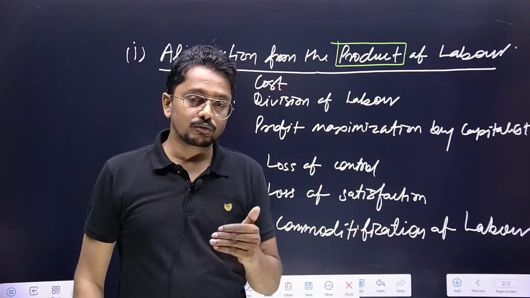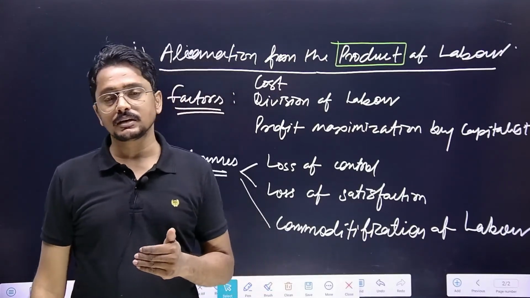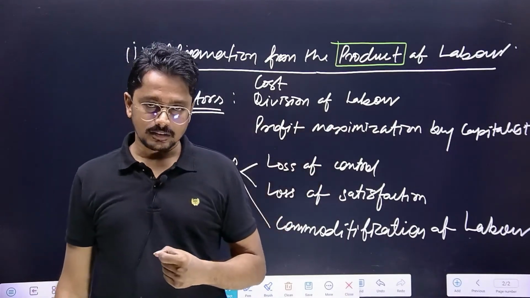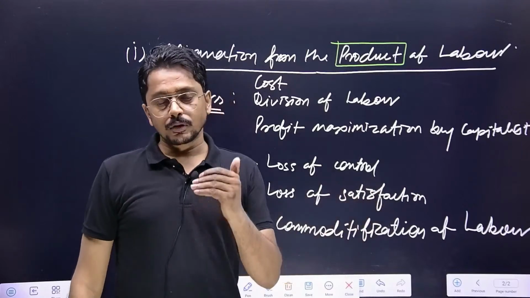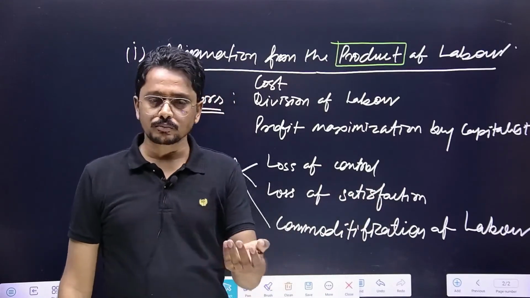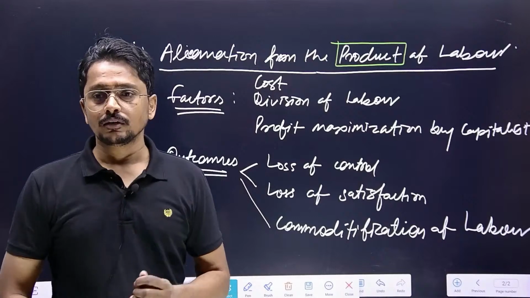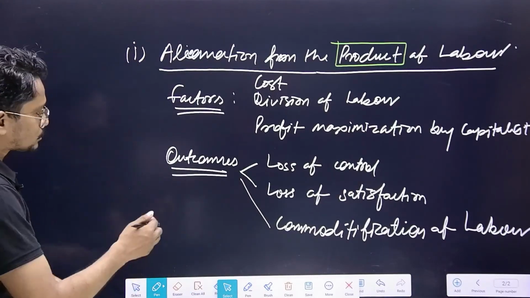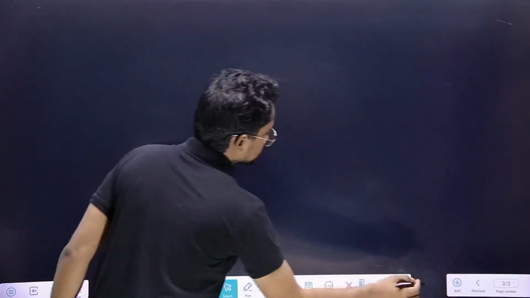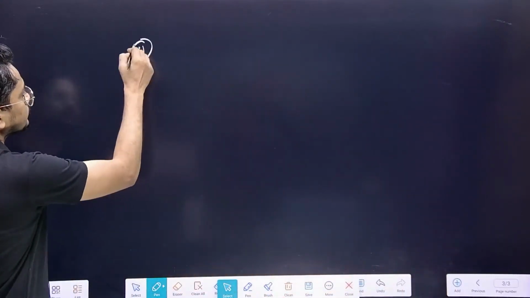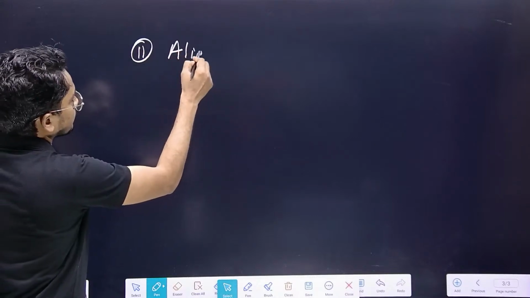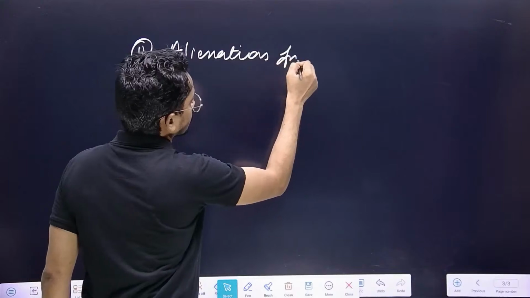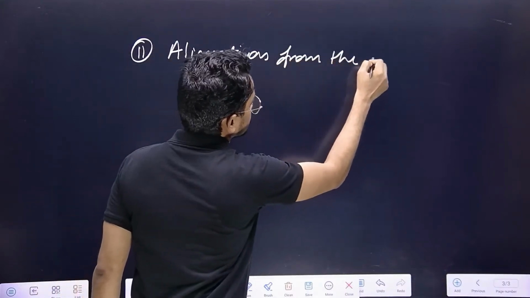But alienation from the process is not completely separate in terms of factors and outcomes, because factors and outcomes are approximately similar in the case of alienation from the process. So second is alienation from the process.